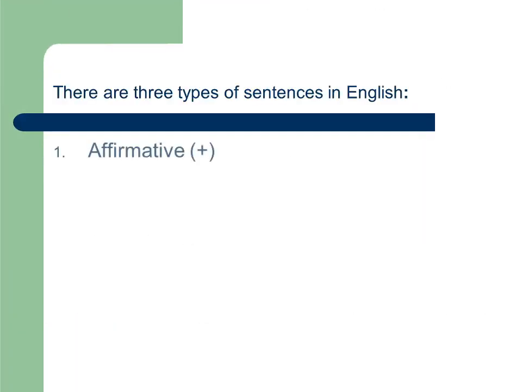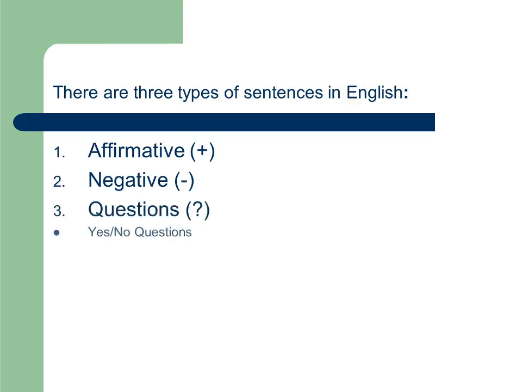So, here we have three types of sentences in English. Normally, they are known as affirmative, negative, and questions. Under the category of questions, we have two types: yes or no questions and WH questions.